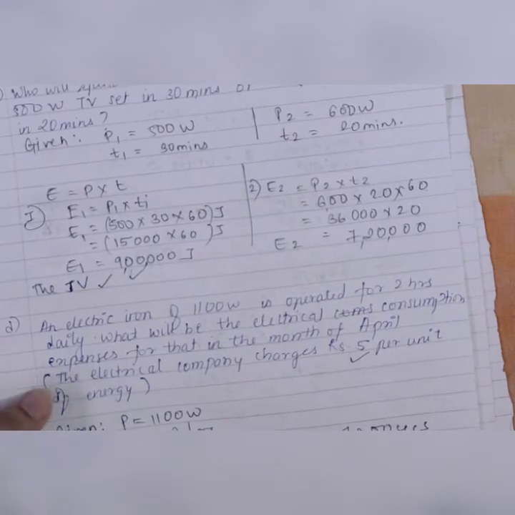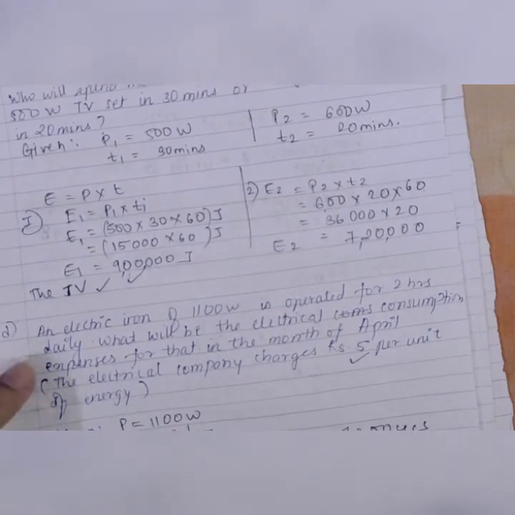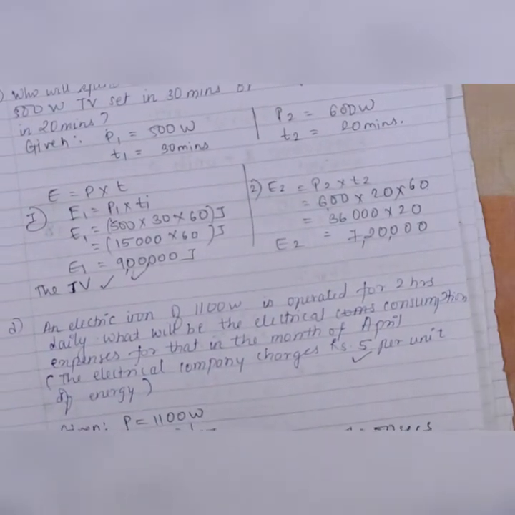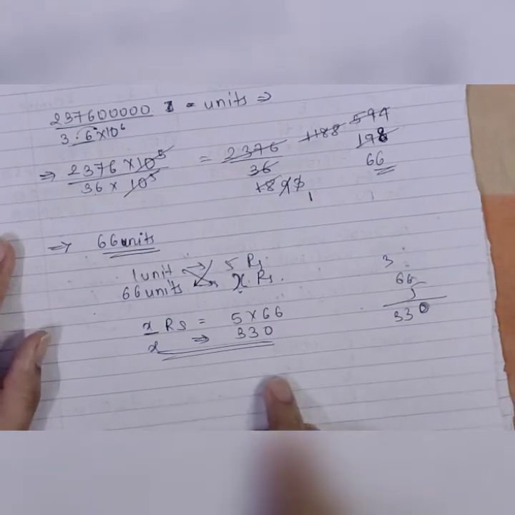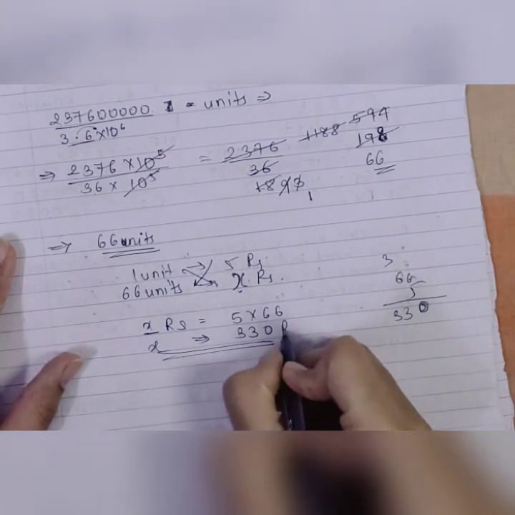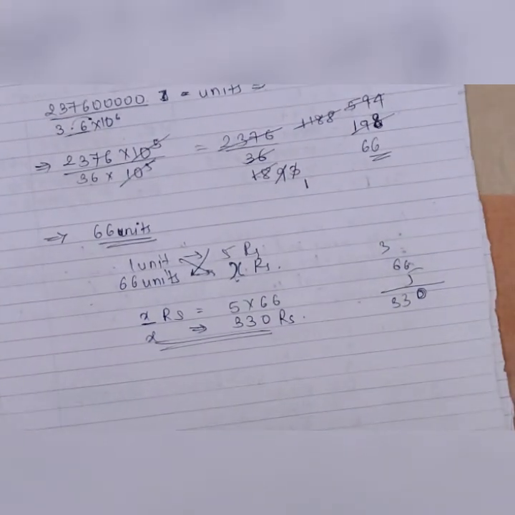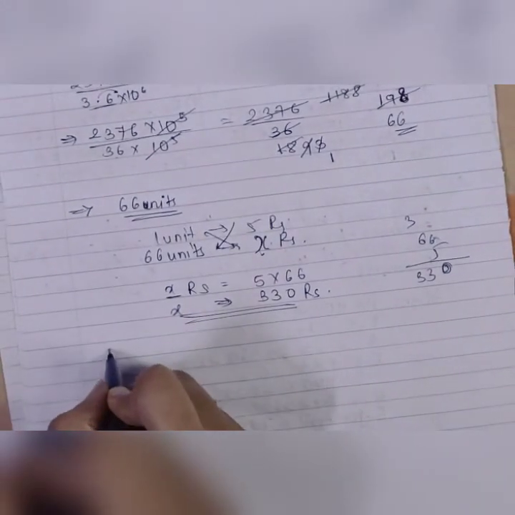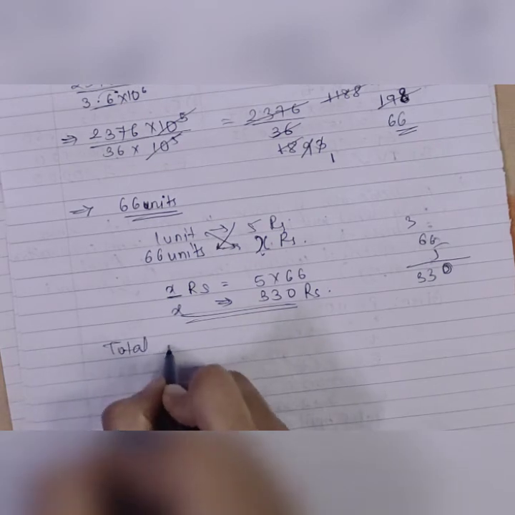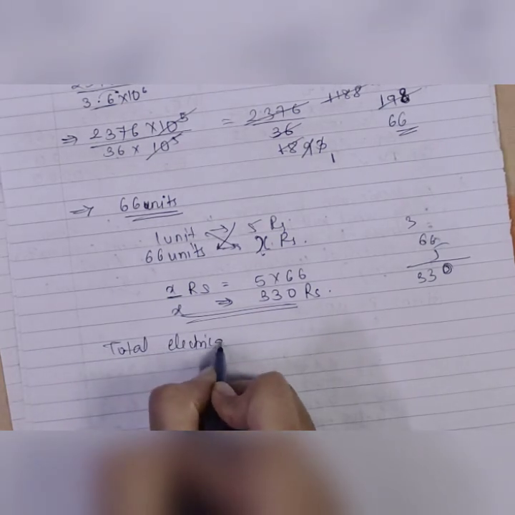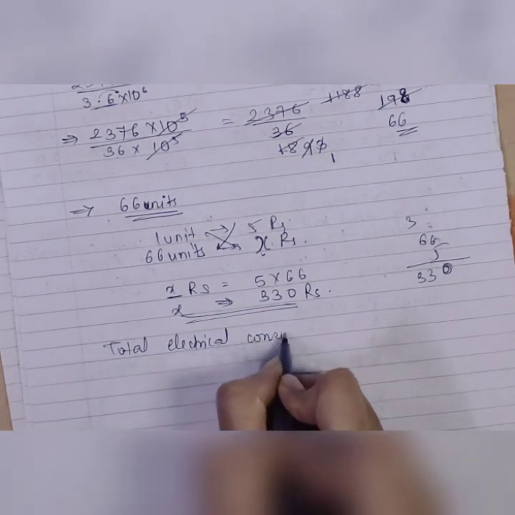So your bill amount, whatever they have asked to calculate, what will be the expenses for that month of April? Those expenses will be 330 rupees. So how will you write your total answer?